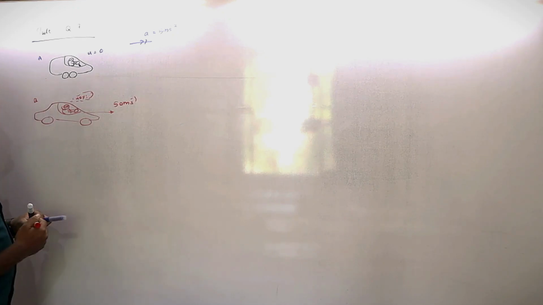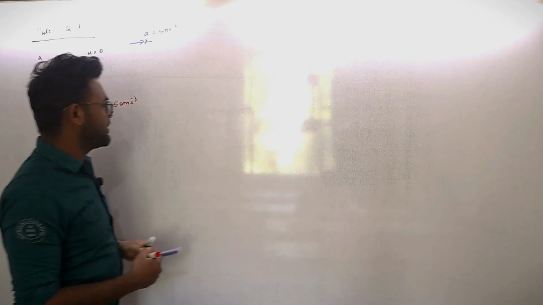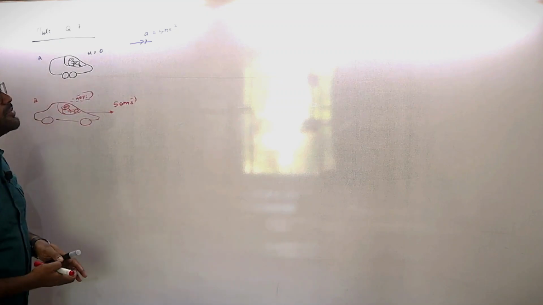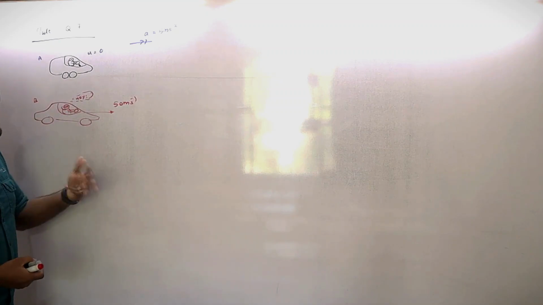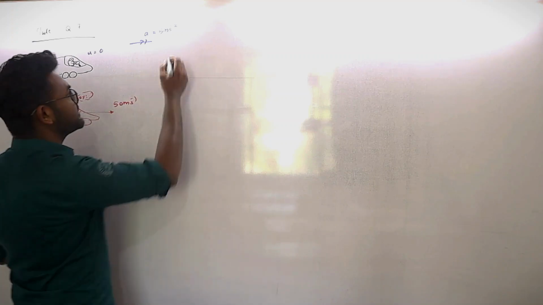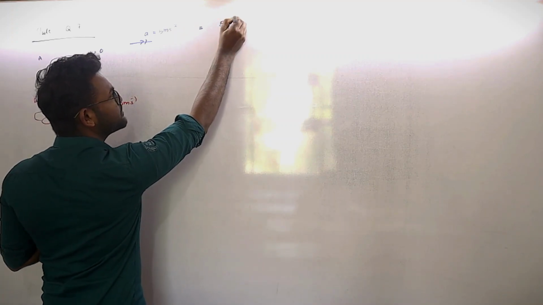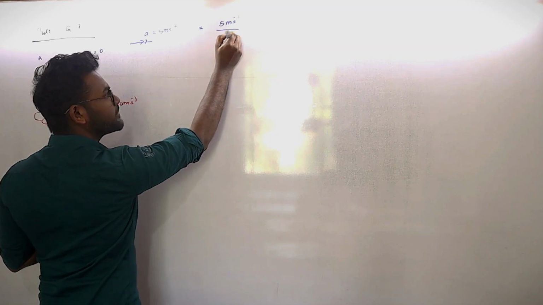Tell me, guys, what can be done by this A? Yes, A is moving with an acceleration means its velocity can increase over the time. You can see here, last day I have explained you 5 meters per square second means 5 meters per second in 1 second.